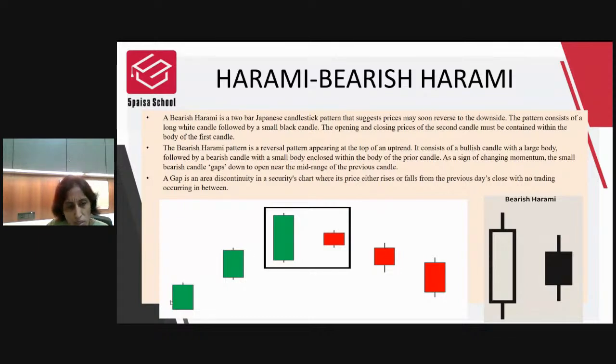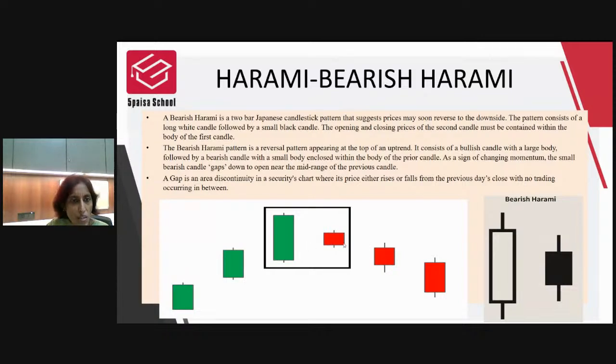So it was an uptrend, as you can see, and from there on you are witnessing these two candles, one which is green, the other which is red in color, and the small black candle or the small red candle is being contained within the body of the first candle. So this kind of signifies that from here on the market is going to reverse, which means what?